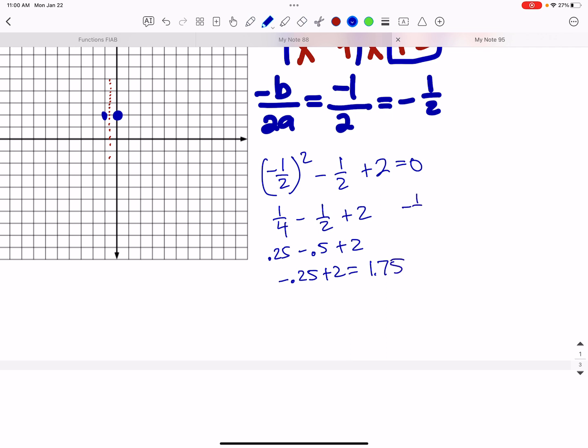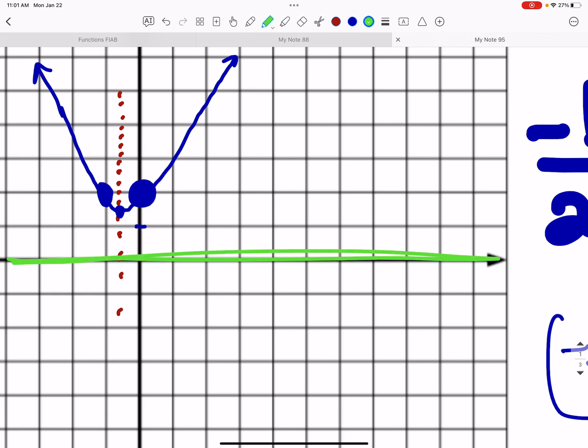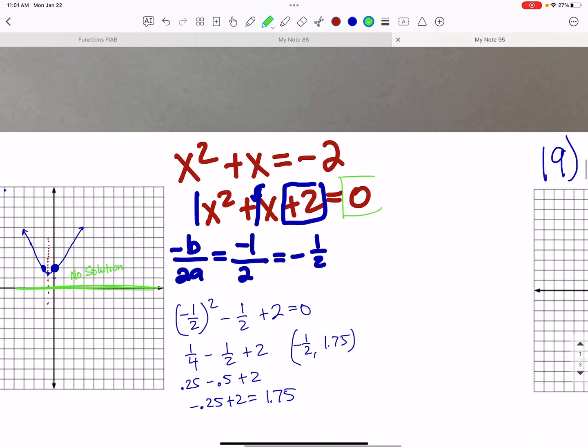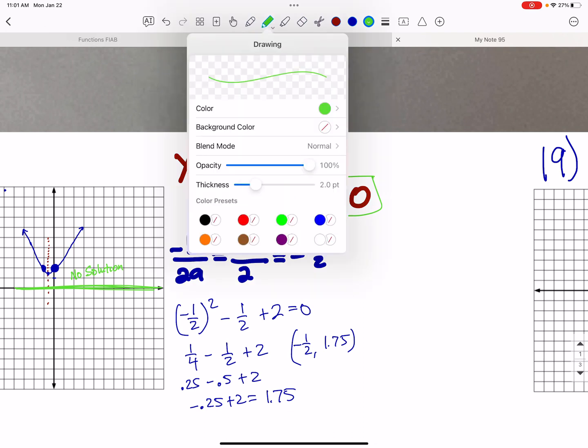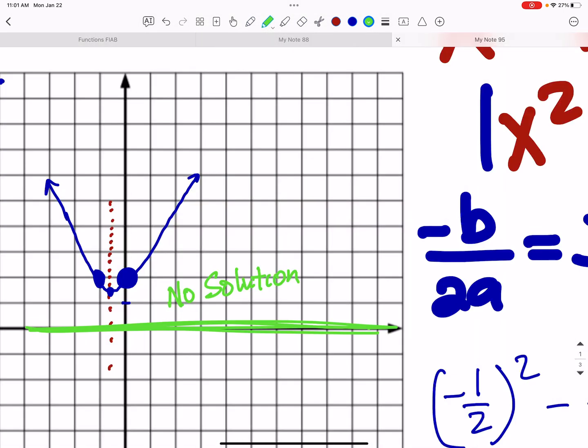So if you plug in -1/2, you get 1.75. 1.75 is between 1 and 2, like right there. So this graph comes down, turns around at 1.75 and goes back up. It never, ever hits this line. No solution. It never hits the 0 line, so it never equals 0. So you can tell looking at a graph right away, if it never comes down and hits that line, it's no solution.